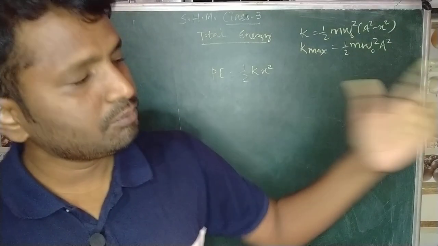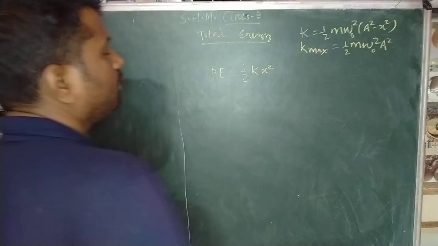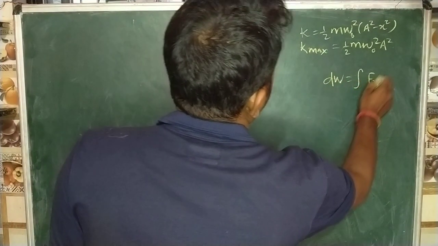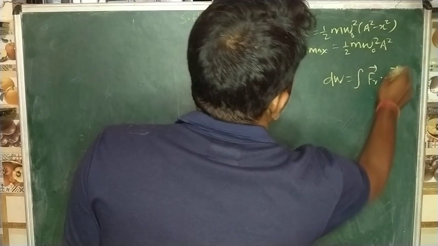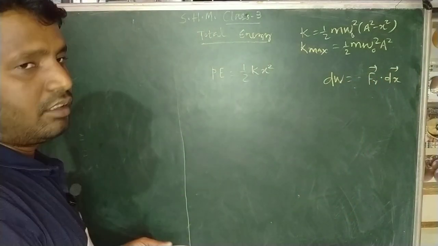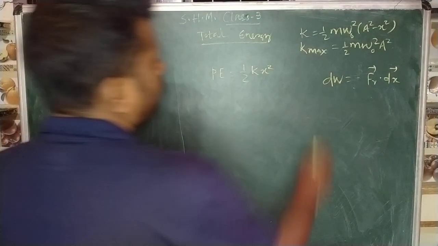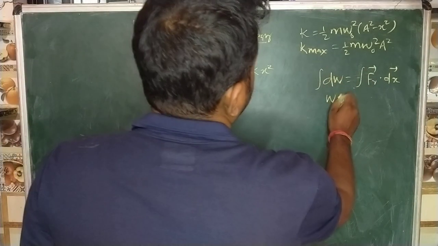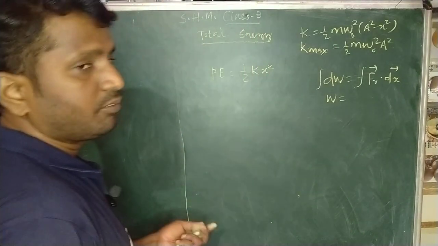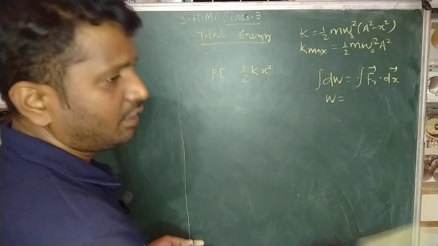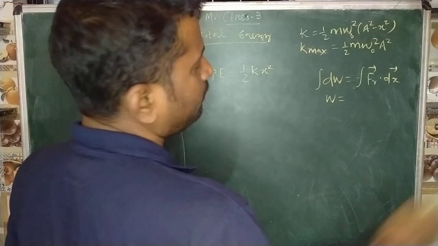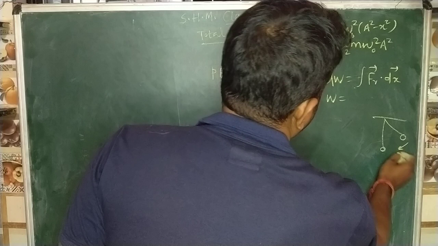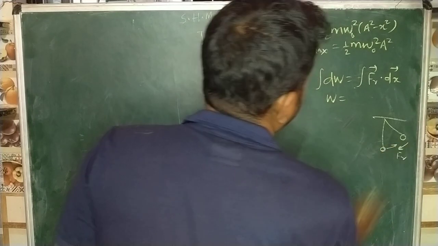So the restoring force does how much work for very small displacement dx? Work done will be dW equal to F_r dot dx. And for x, you will just do the integration of dW, integration of F_r dx. You always know F_r is in this direction, and this is the direction of dx. Look at here. This is your direction of F_r and this is the direction of dx.